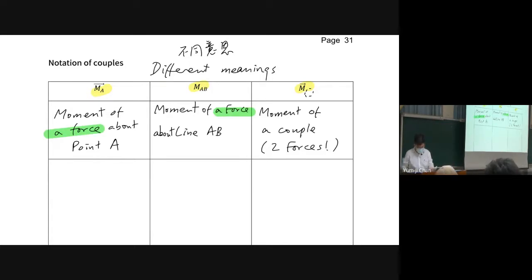But for the right hand side one, we are talking about the moment of 2 forces together.